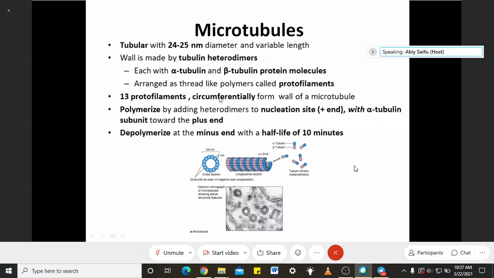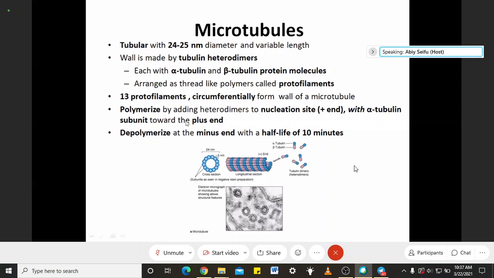Each one of these has its own size. Look at this. The diameter of a tubulin molecule is about 5 nanometer. So it is because of this diameter that when you add up this one, it always makes this much diameter. And they get laid down in a circumferential manner for formation of a microtubule out of certain protofilaments.